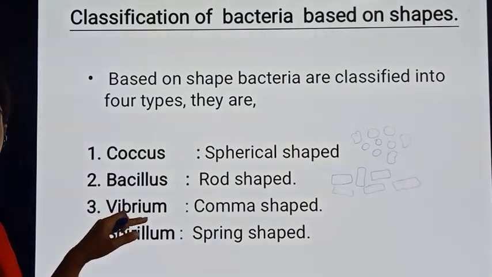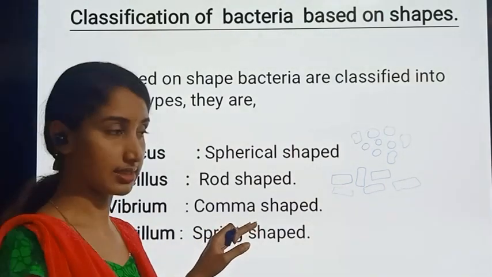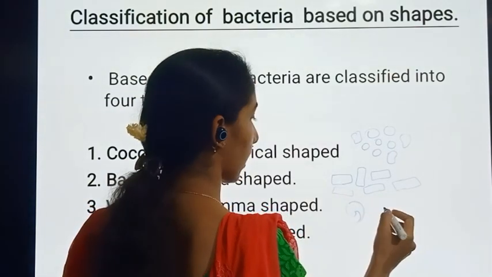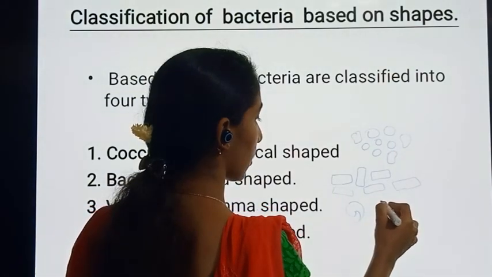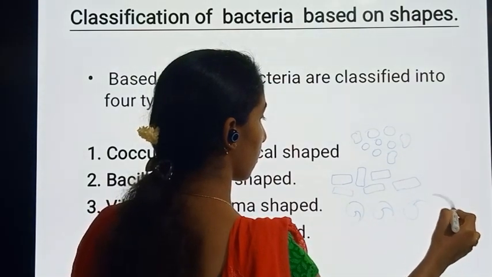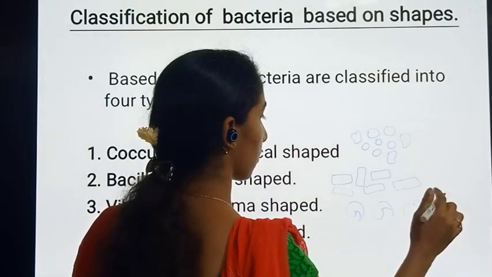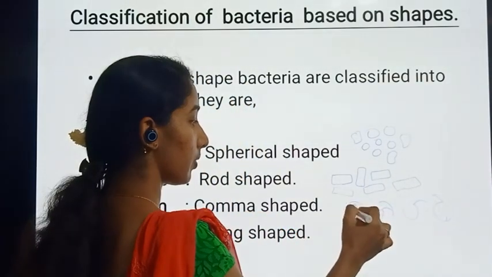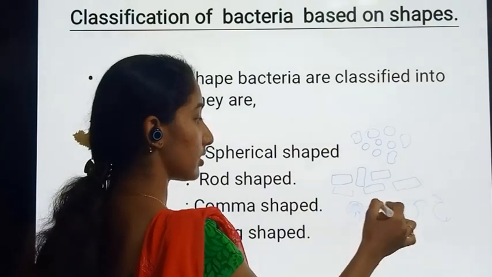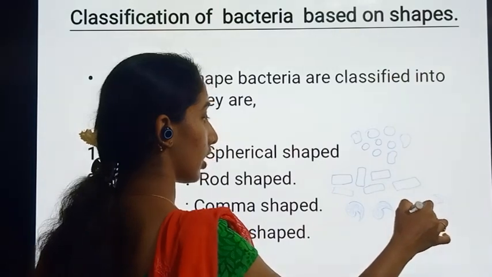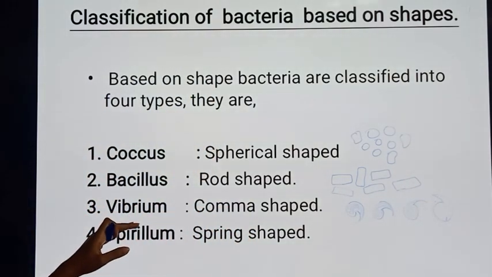The third one is comma shaped bacteria. The bacteria which are comma in shape are called Vibrio.